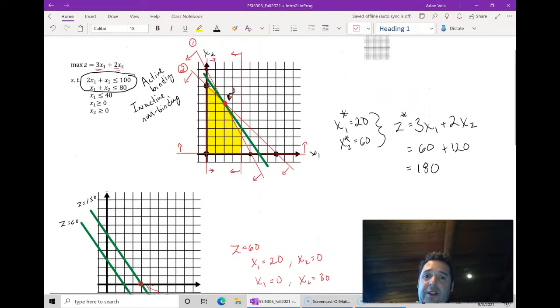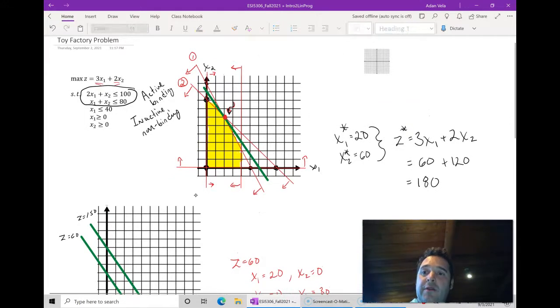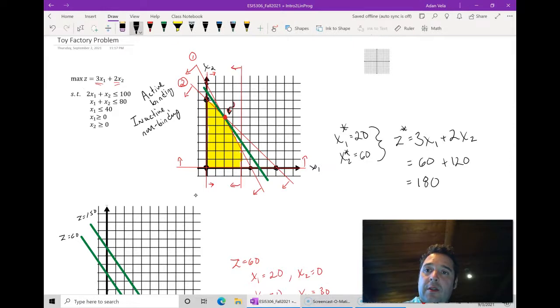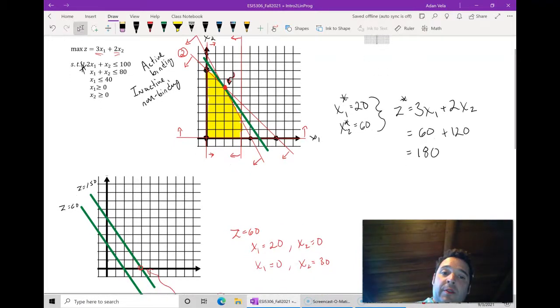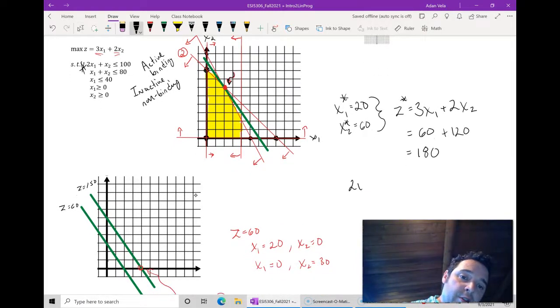Okay, so let's check that out. Let's verify that constraint 1 is in fact active. We have 2x1 plus x2 is less than or equal to 100.